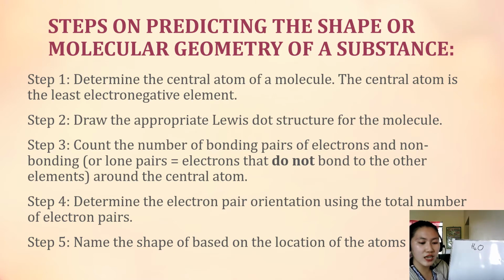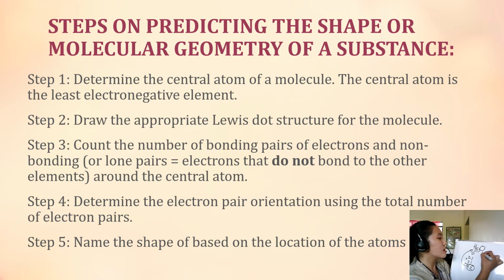So first, what we will do is to get their electronegativity value. So yung electronegativity value ng hydrogen is 2.1. But since meron tayong dalawang atom or element ng hydrogen, this will be another 2.1. So we will add that. 2.1 plus 2.1 will be 4.2. So 4.2 will be the electronegativity value of H2.